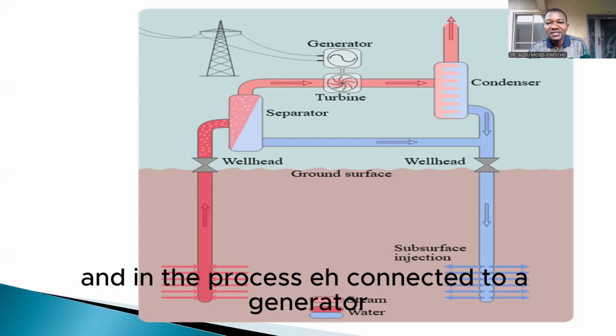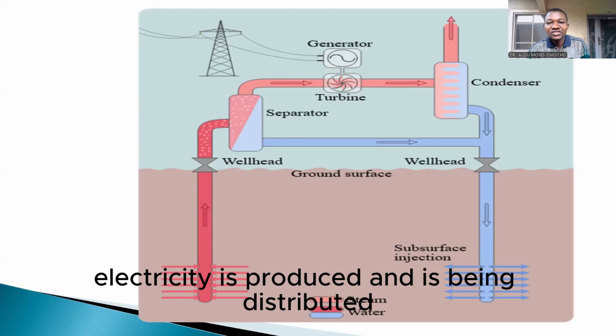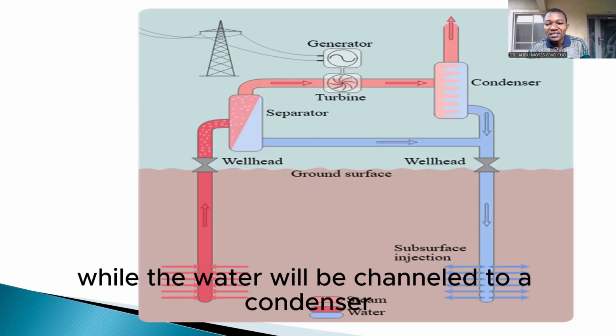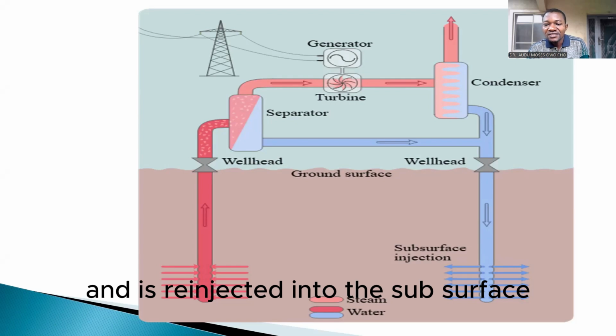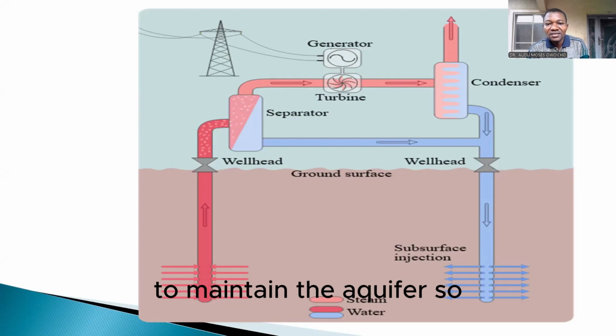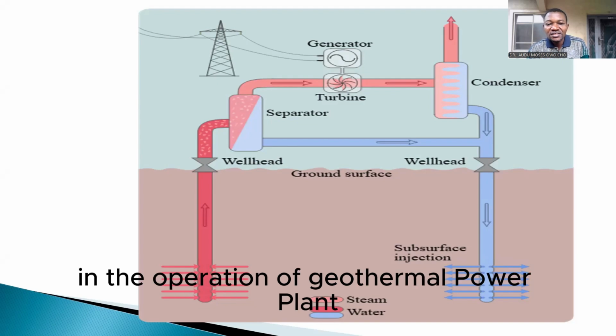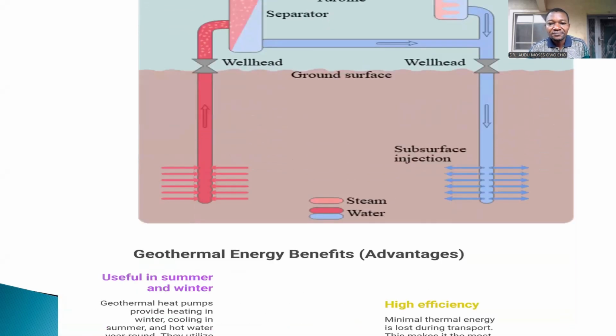And in the process, connected to a generator, electricity is produced and distributed, while the water is channeled to a condenser and re-injected into the subsurface to maintain the aquifer. So this is another process in the operation of a geothermal power plant.